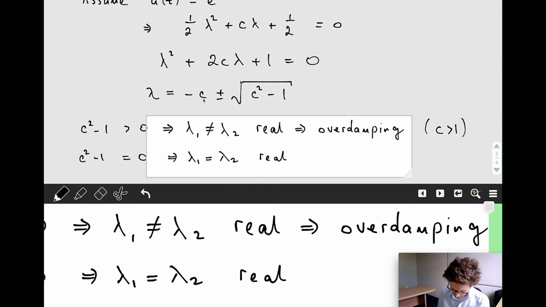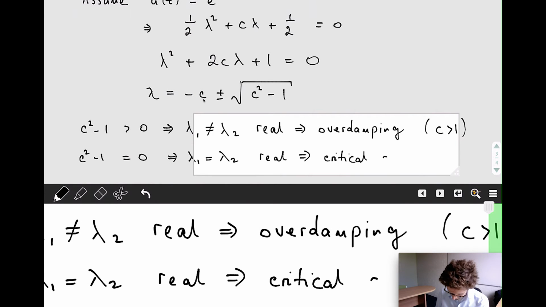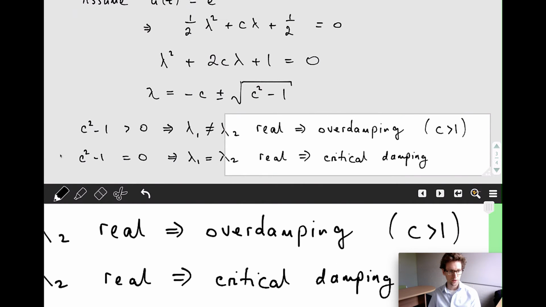And that was the case of critical damping. So that's going to occur when c squared minus 1 is equal to 0, or when c is equal to 1. And notice again, I'm not including the possible solution c is equal to minus 1, because that wouldn't give me damping at all.